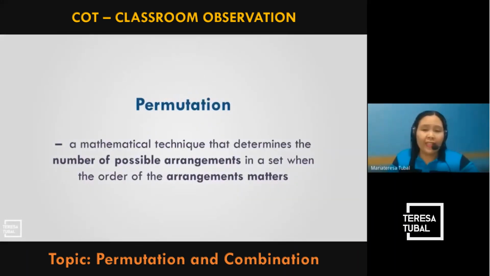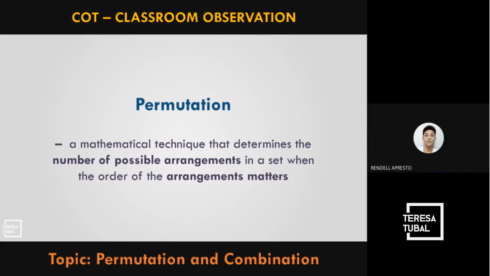So let us distinguish now the difference between permutation and combination. What is a permutation? Permutation, a mathematical technique that determines the number of possible arrangements in a set when the order of the arrangement matters.